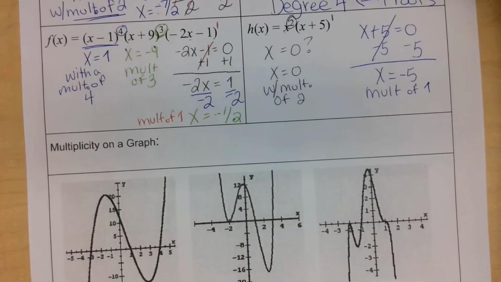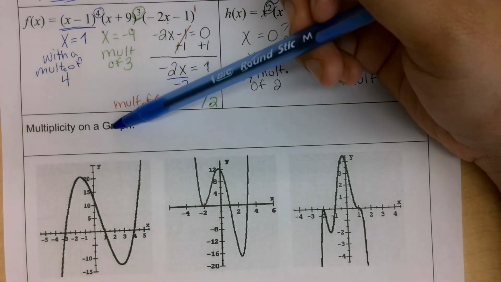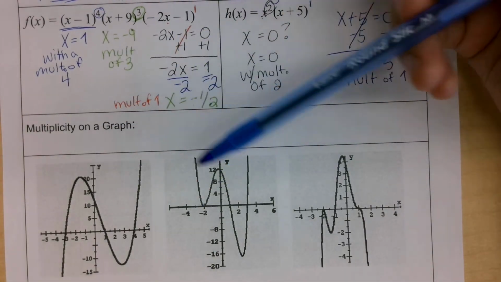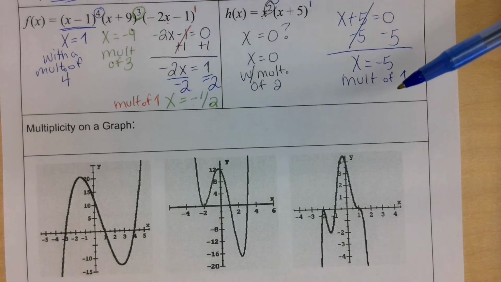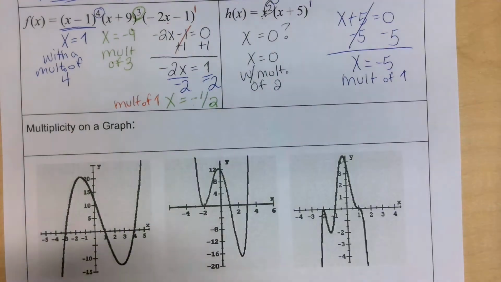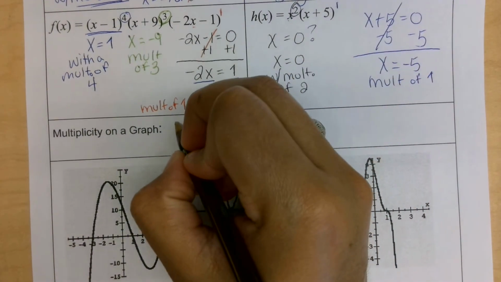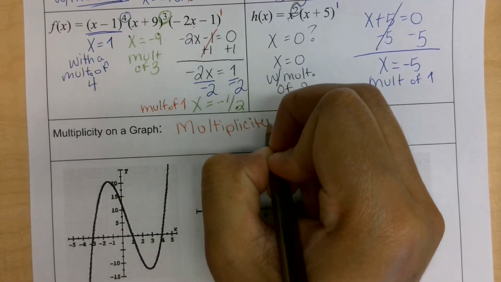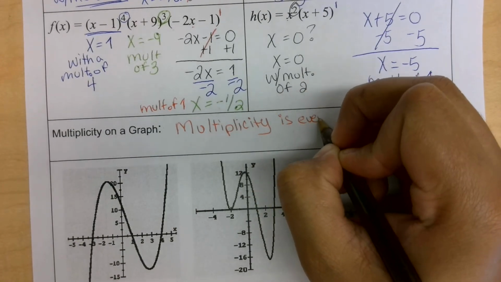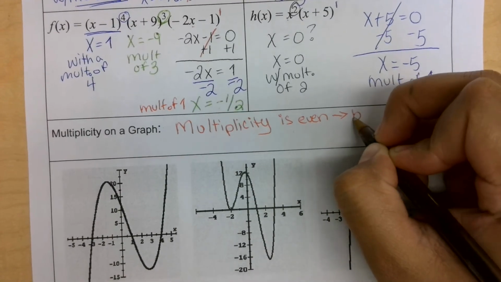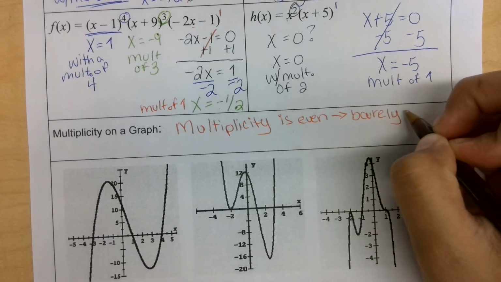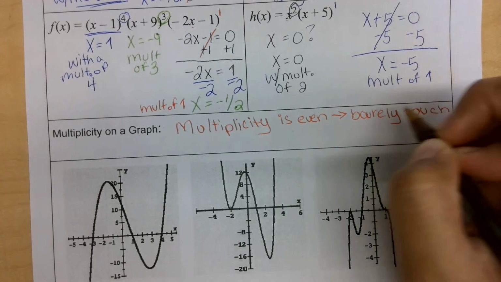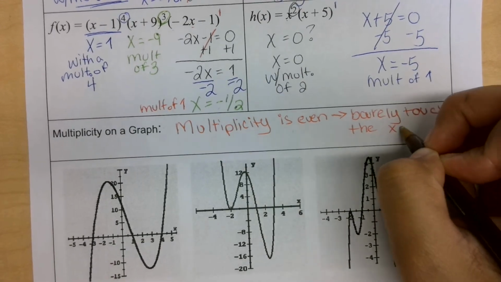All right, so when we talk about multiplicity on a graph, it's a little bit more difficult to determine its multiplicity. We can only have a general idea of it. So let's go ahead and talk about what I mean. If the multiplicity is even, it's going to barely touch the x-axis.